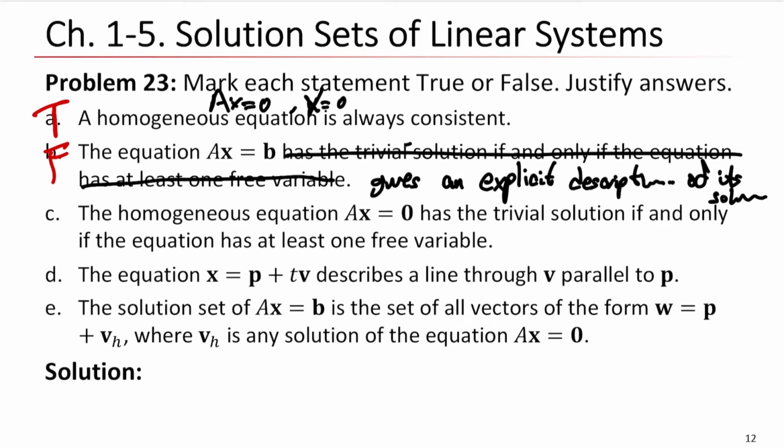Yeah, the explicit solution looks something like x is equal to su plus tv, something like that. And in C, the homogeneous equation Ax equals 0 has a trivial solution if and only if the equation has at least one free variable.